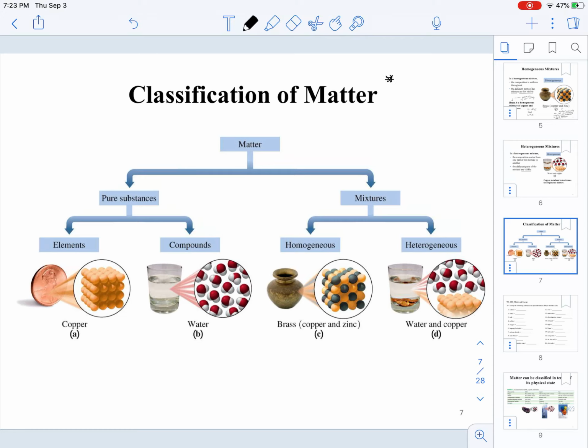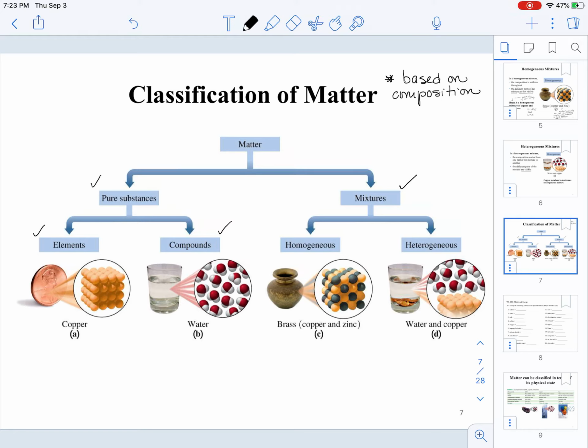So the classification of matter based on composition goes as follows. Matter can be classified as a pure substance or as a mixture. Pure substances can be classified as elements or as compounds.